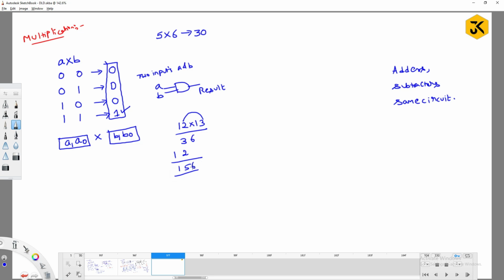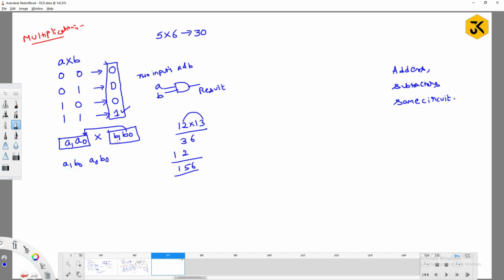The same procedure we are going to do here also. So when you are going to perform multiplication here, you are going to take b naught multiplied with a naught, and the same thing you are going to do, b naught multiplied with a1.